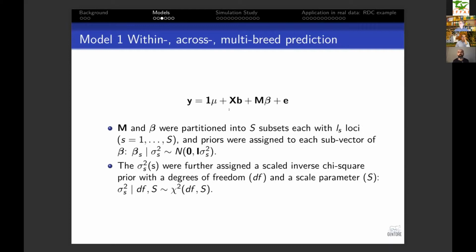This only exists if you want to use data from crossbred individuals. For this, we partitioned the genotype matrices and the SNP effects into subvectors so that we assign priors to all these subvectors instead of the whole genome. That means we allowed genetic variants to differ over the genome.